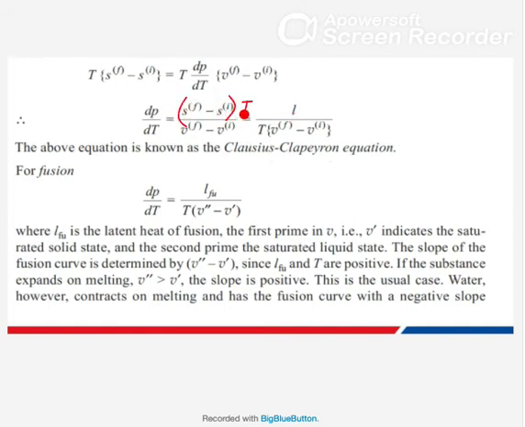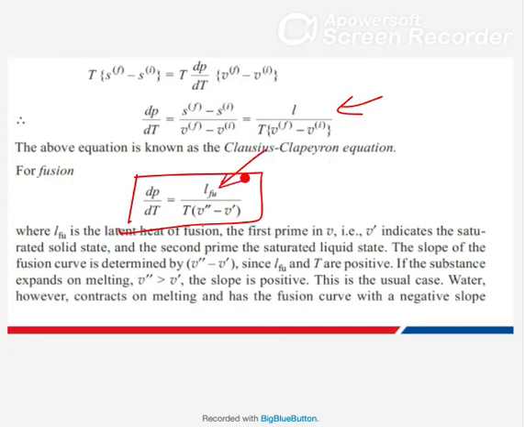This term, T multiplied by Sf minus Si, I can write as latent heat, and the denominator will be T multiplied by Vf minus Vi. So this particular equation is known as the Clausius-Clapeyron equation, which relates the latent heat.